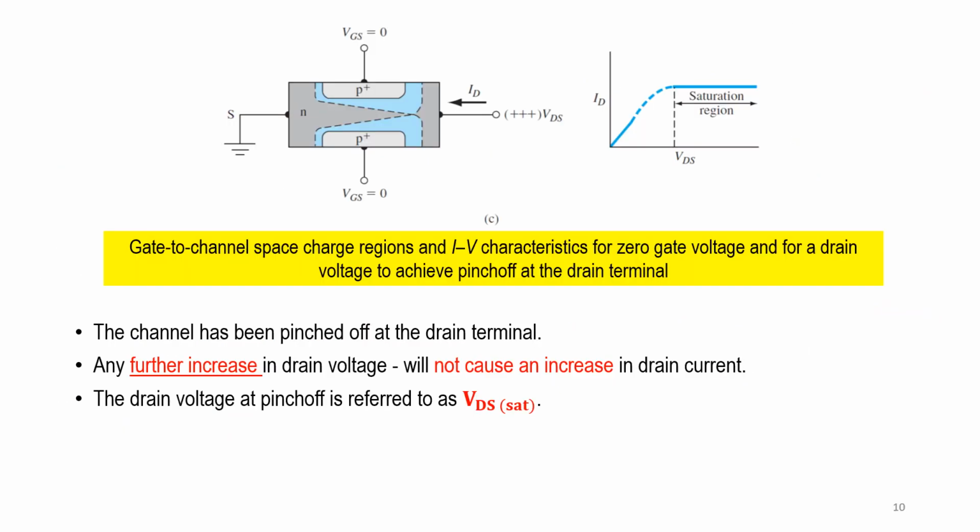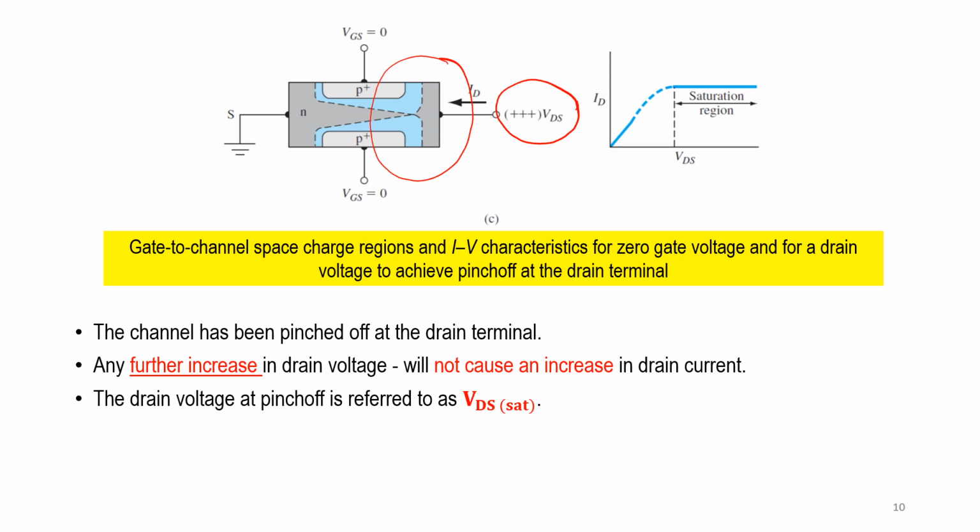So now we increase to a larger value of VDS. When we increase the VDS value further, the space charge region will also increase at both sides of the PN junction and meet at the drain terminal.